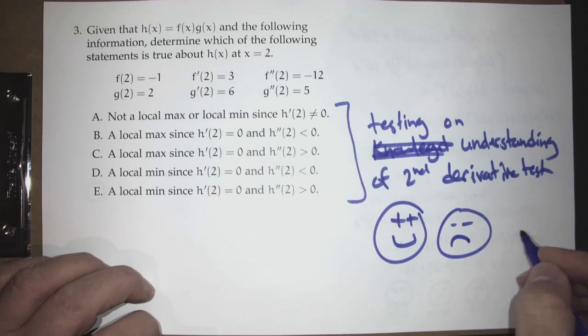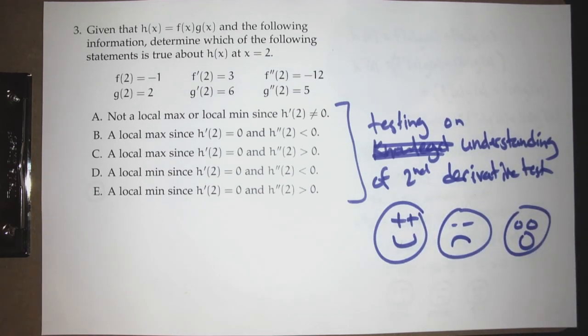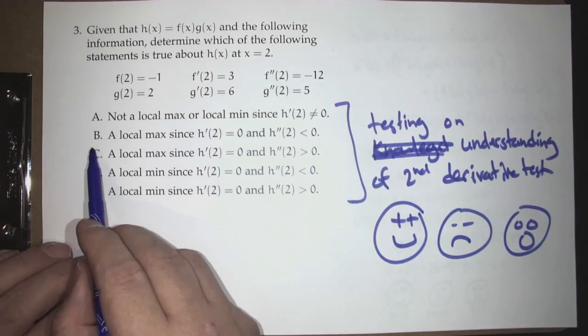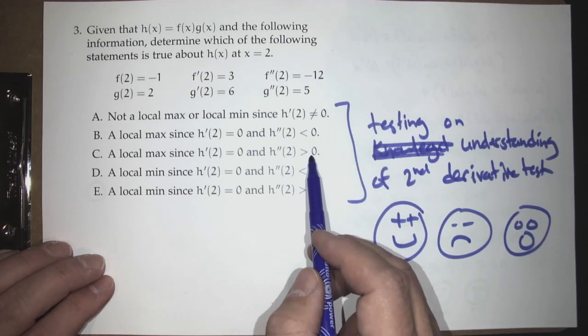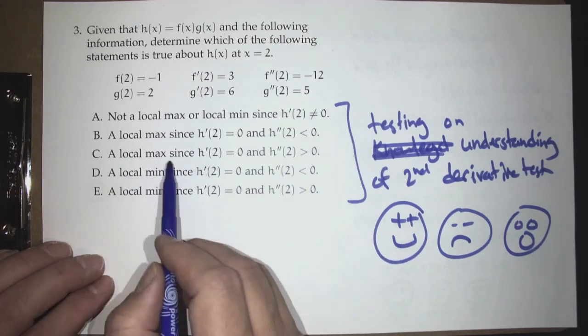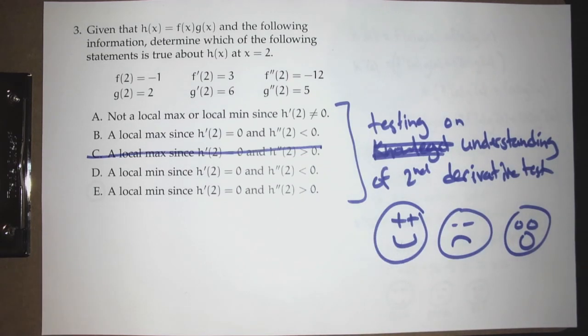If you're negative, you look like that. And if you're 0, you don't know. So, can I be a local max and have a second derivative that's positive? No. So anybody who guessed C, that was a wasted guess, because that's just impossible by second derivative test.